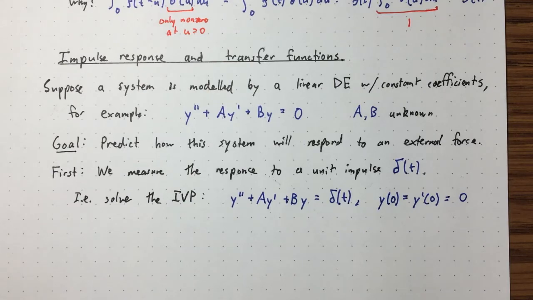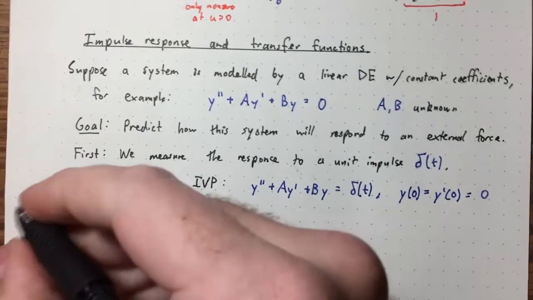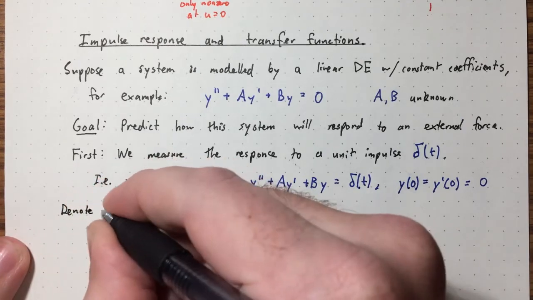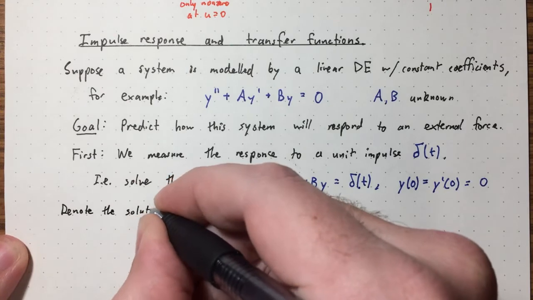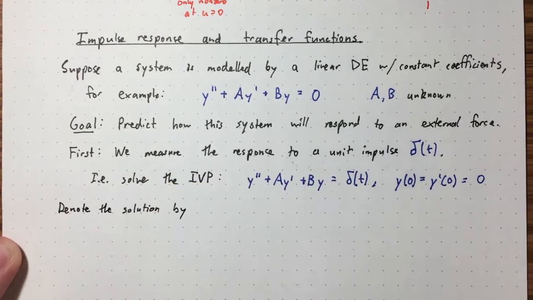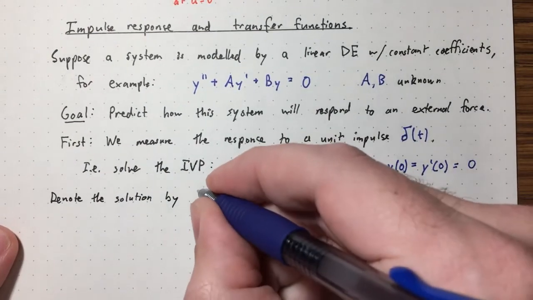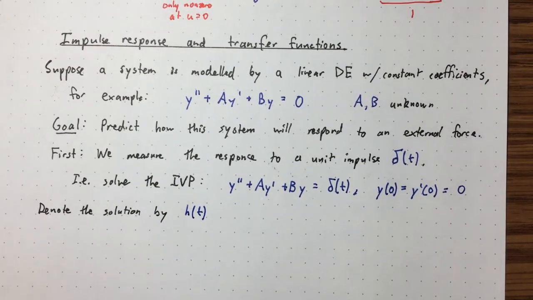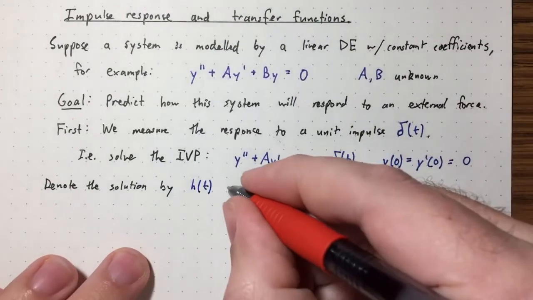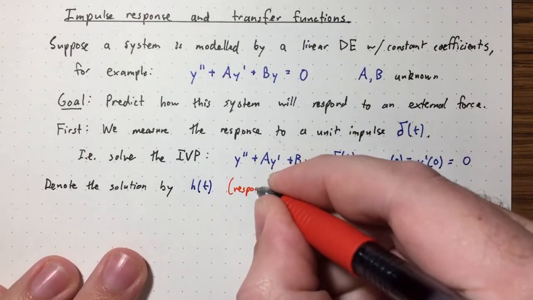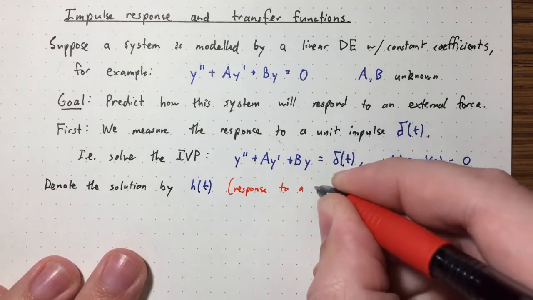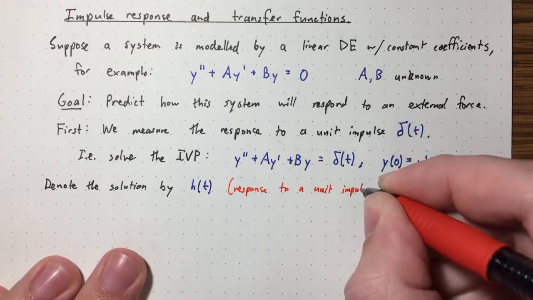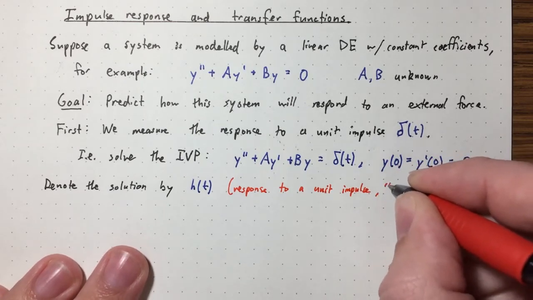Okay, and let's establish some notation. So we'll denote the solution by, instead of y of t, I'm going to use the notation h of t, just because that's what's commonly used here. So this is the solution to this initial value problem. This is the response to a unit impulse, or a so-called impulse response.